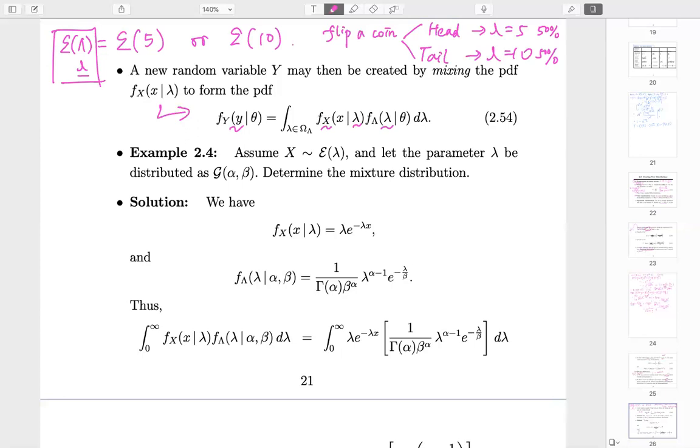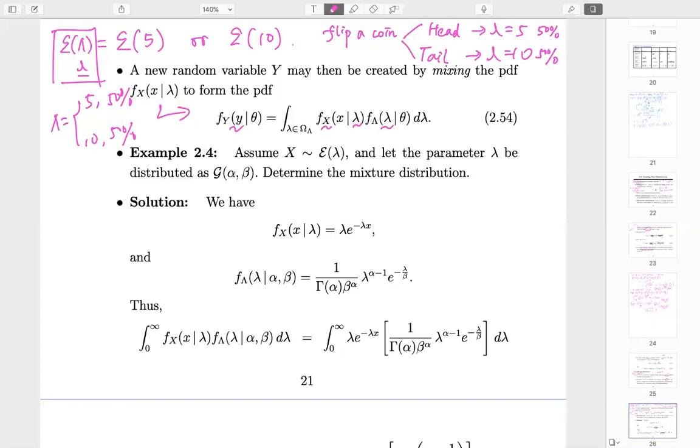Lambda itself becomes a random variable. In this particular example, lambda is a discrete random variable. It can take two values, 5 or 10, each with 50% probability. In this chapter, we would like to study the distribution for lambda to be continuous, in most cases.